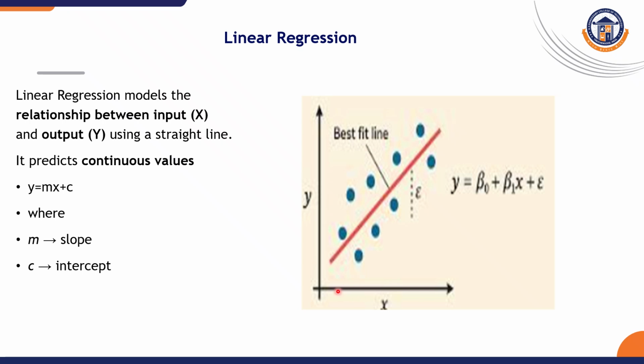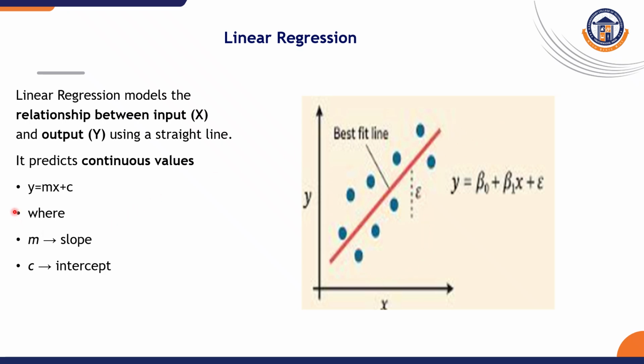In 2001, it increased to 5,000. In 2002, it increased to 6,000. Like that, you are making a prediction on how much the gold rate will be in 2030. So it is predicting a continuous value. Based on the previous values, we are making the future prediction.